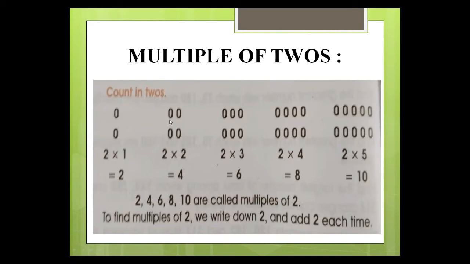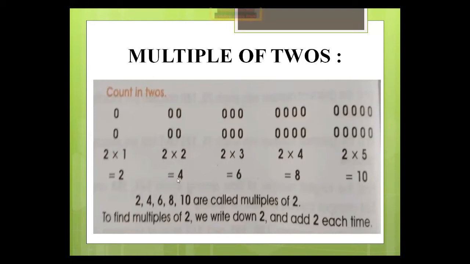For the second example, you see that there are 2 rows, 1 and 2, and 2 columns, 1 and 2. So firstly you write the number of rows. Here you see the number of rows is 2, this and this. And if we multiply the rows into columns, then we find the product, how many elements are in both the rows and columns. There are 2 columns, so multiply 2 into 2, the answer will become 4.